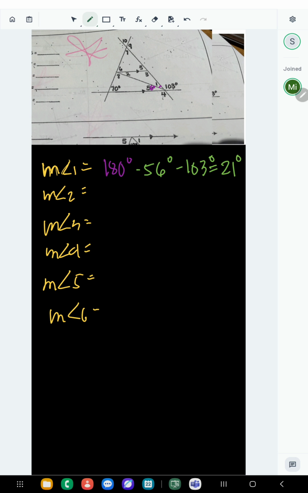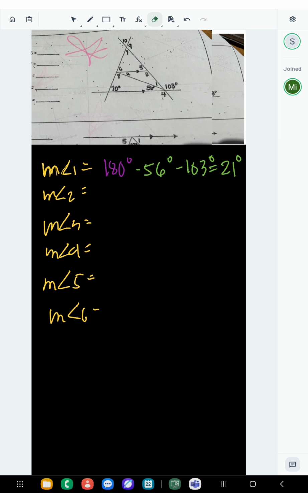Then angle 2. Okay, angle 2. Notice the arrow here. That means this line is parallel to this line. So you can apply the parallel lines and transversal angles, corresponding angles, and so on.